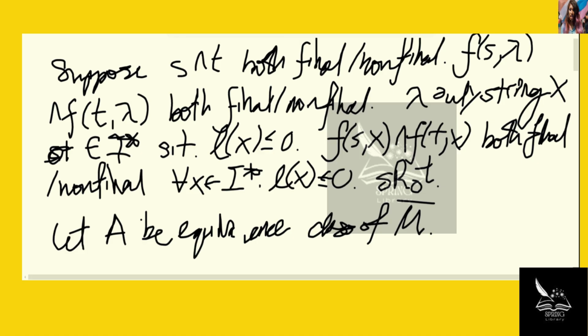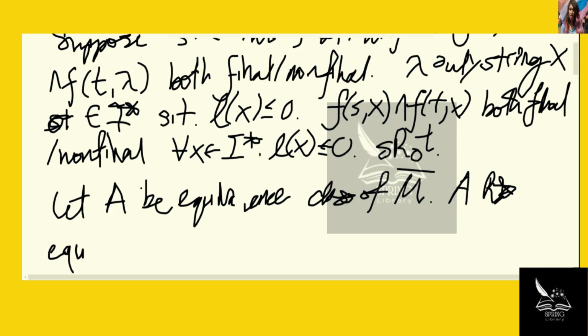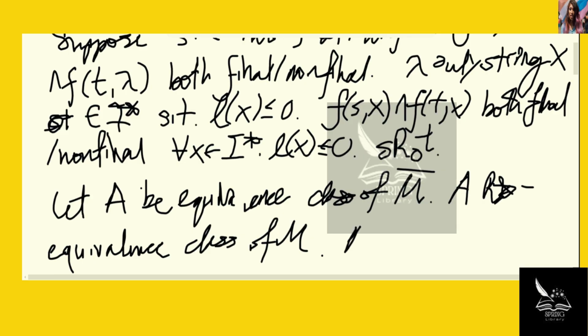Now this implies that A is an R star equivalence class of M. So all states in A are either all final states or all non-final states in M by a previous exercise.